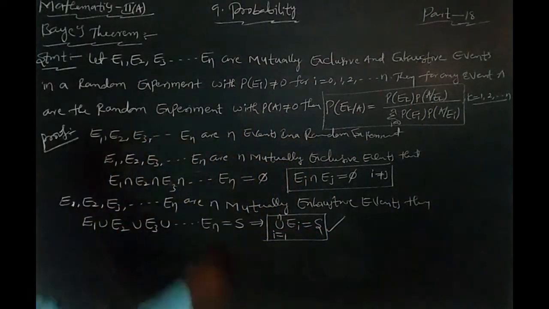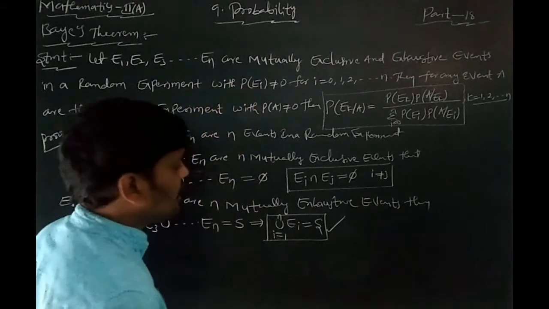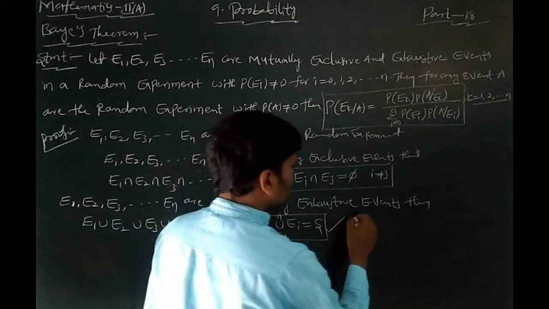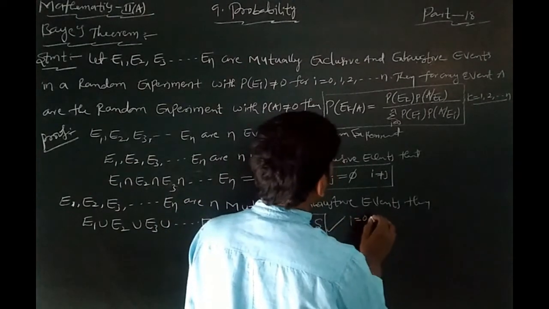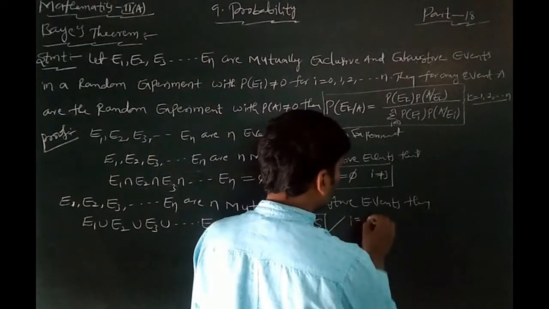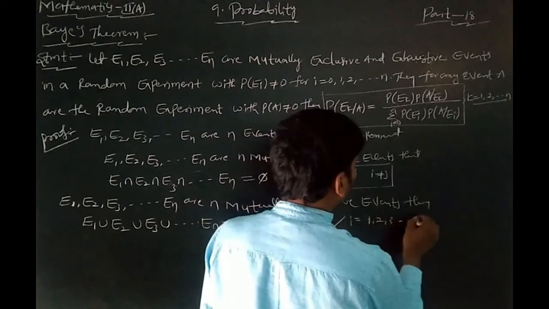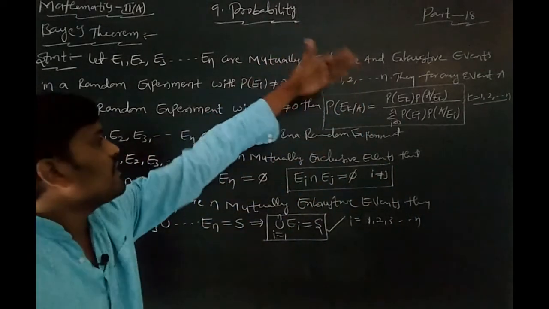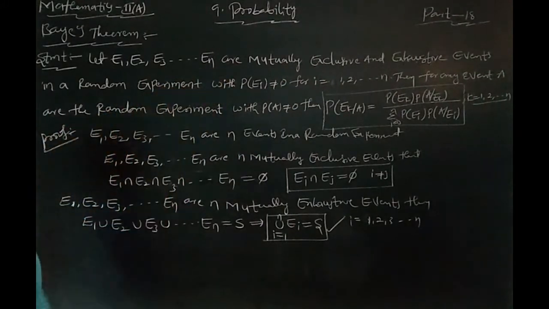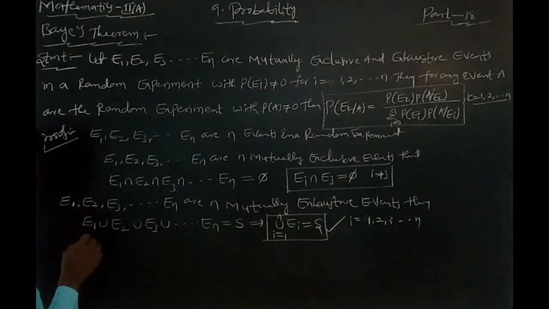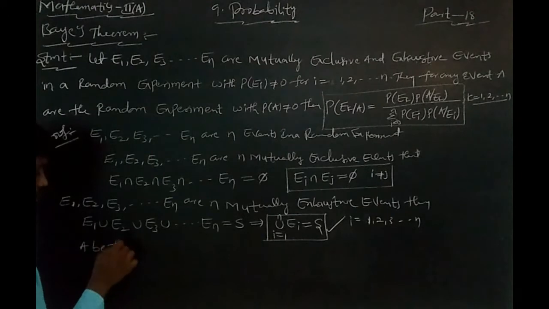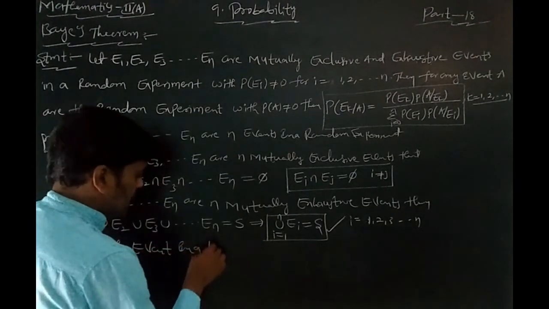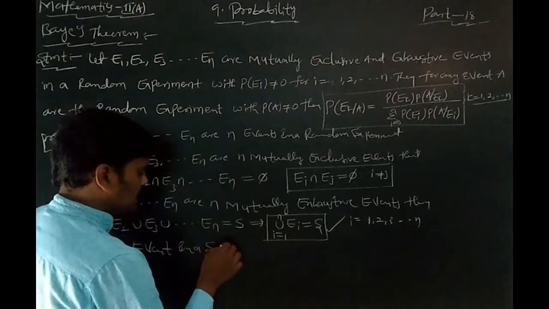After that, P of Ei not equal to 0 is given, for i equal to 1, 2, 3, and so on. Next, for any event A in the random experiment, let A be an event in the sample space.